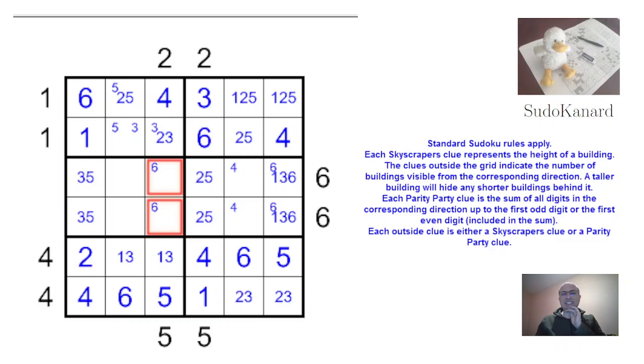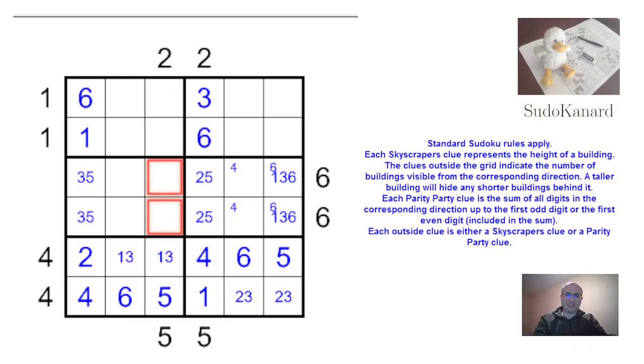Well, that's not saying much. Let's not forget that the puzzle has to resolve in the end. The puzzle has to be solved.